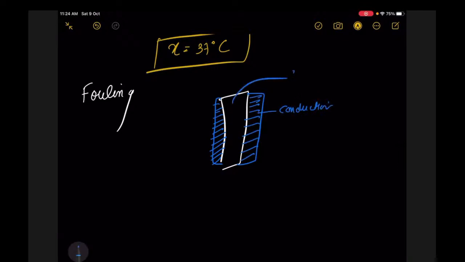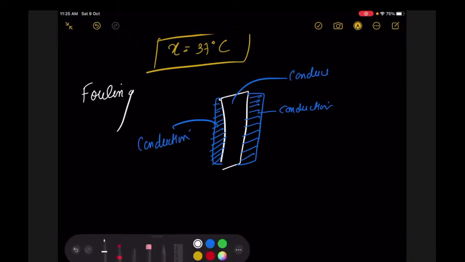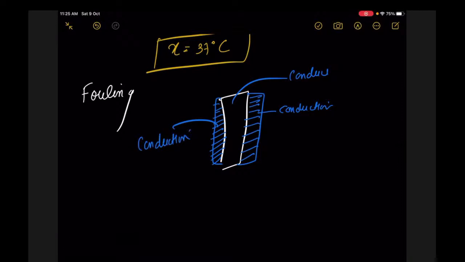This is the thickness of the pipe, so this is also conduction. This is the thickness of fouling on both sides, so this is conduction too. But our overall equation is Q equals UA delta T LMTD, meaning we write our final heat exchanger equation in terms of heat transfer coefficient.